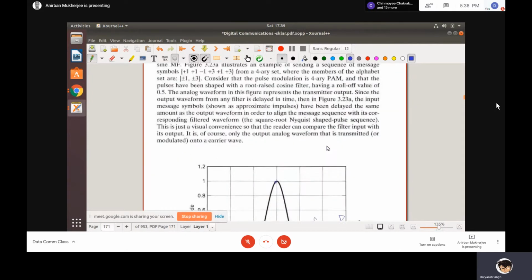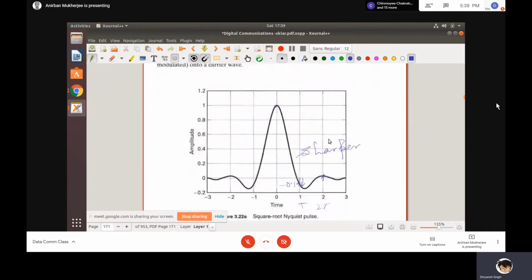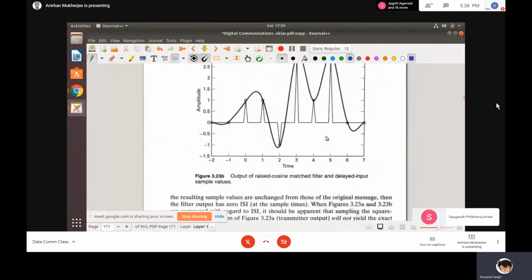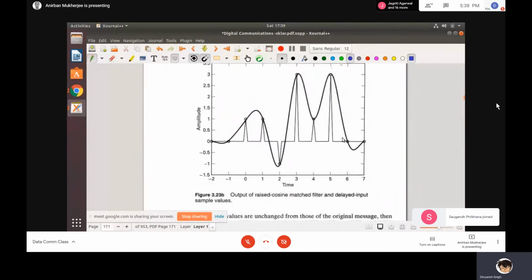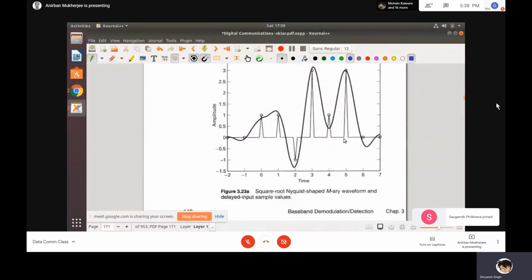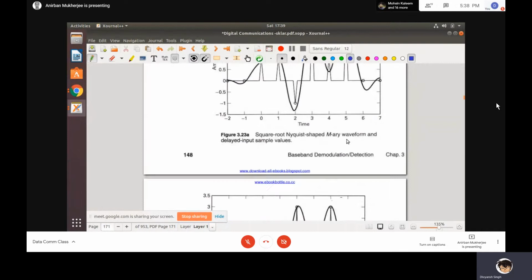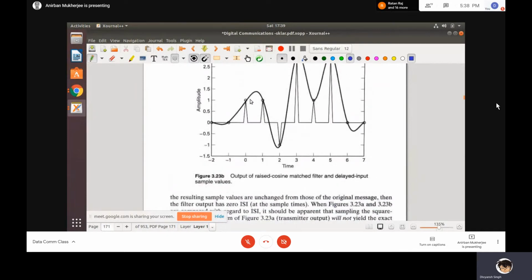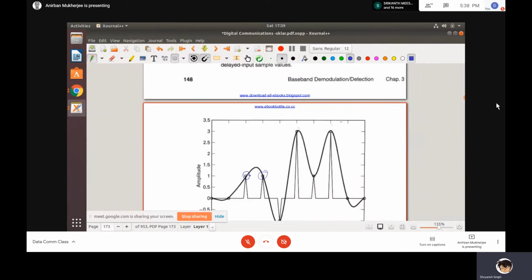Anyway, if I take the output of the raised cosine pulses with a matched filter implementation and delay, it is getting exactly the right point.